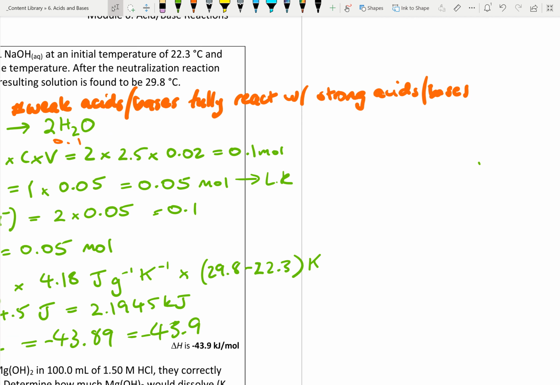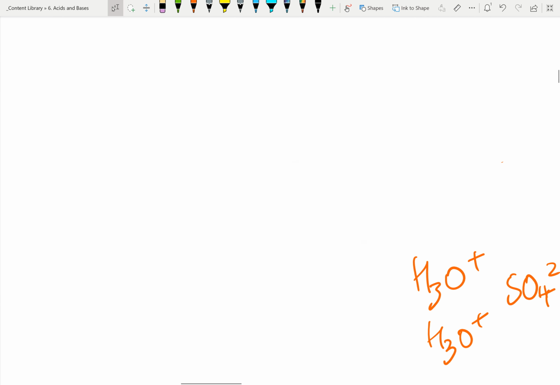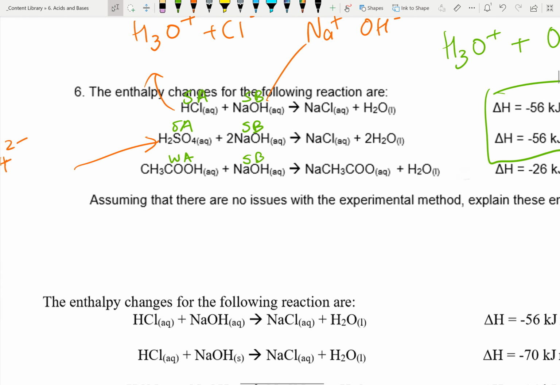So you could have a weak acid like acetic acid, but it can fully react. 1 mole of acetic acid would fully react with 1 mole of sodium hydroxide. You get 1 mole per liter, right? And that's fine. We've got to explain why that happens too.